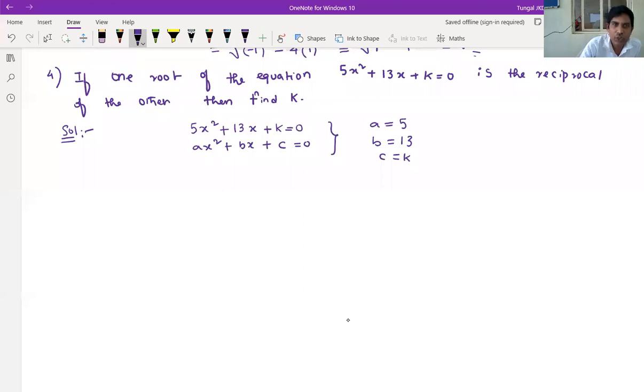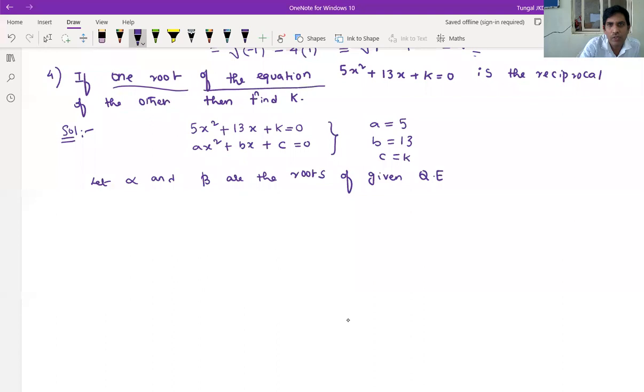Now let alpha and beta be the roots of the given quadratic equation. What is the condition in the question? Observe, one root of the quadratic equation is the reciprocal of the other. See, the reciprocal of 2 is 1 by 2.